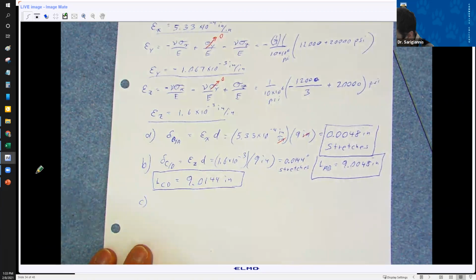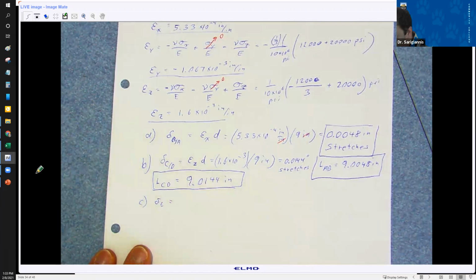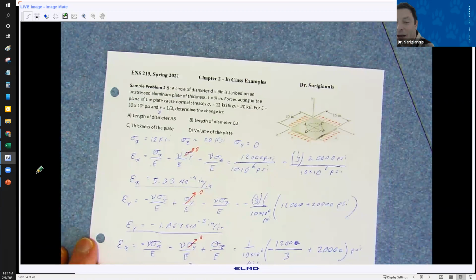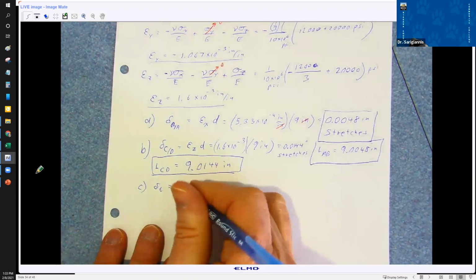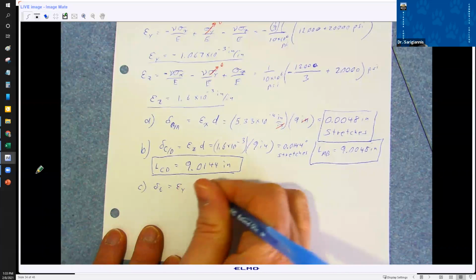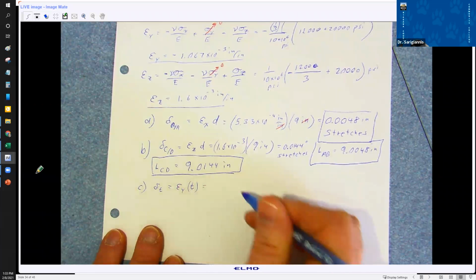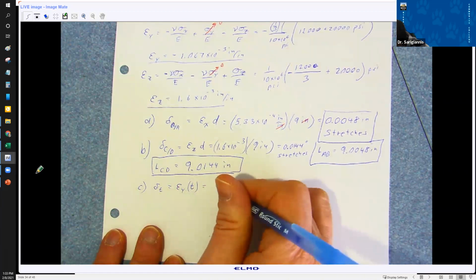Part C is asking for the change in thickness, which is basically the Y direction. Y direction is the thickness. And notice the strain is negative here. We've got epsilon Y times the thickness. Thickness was given as 3/4 inch.